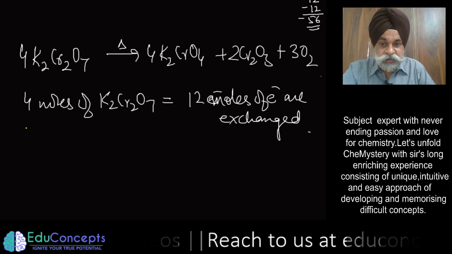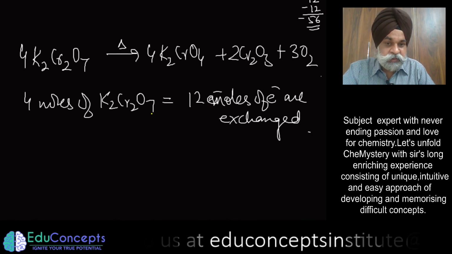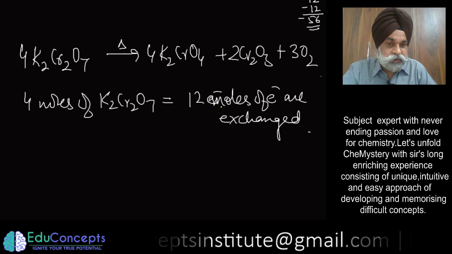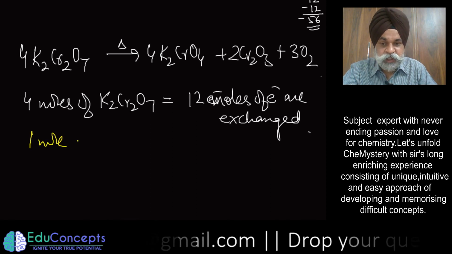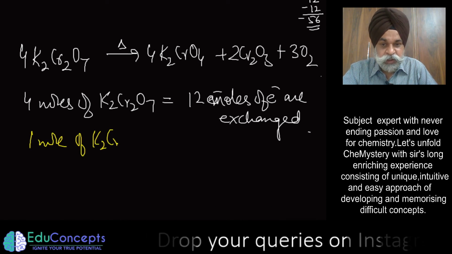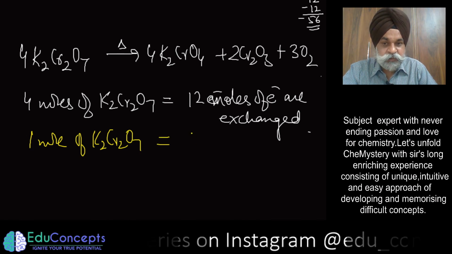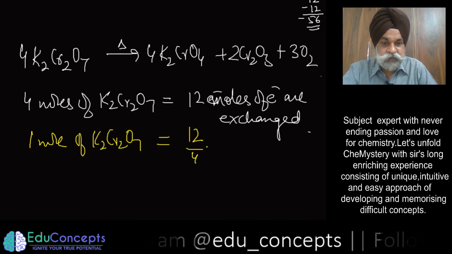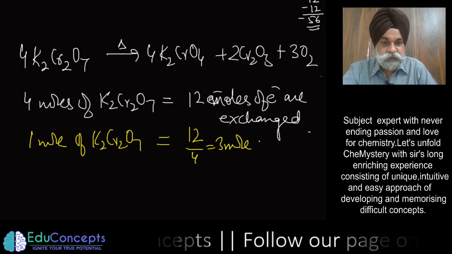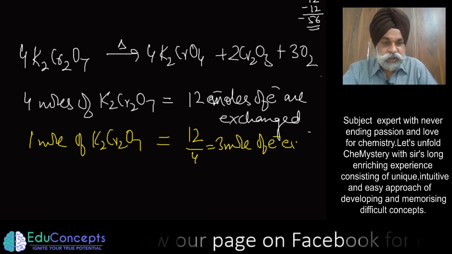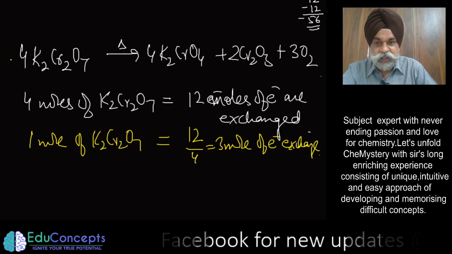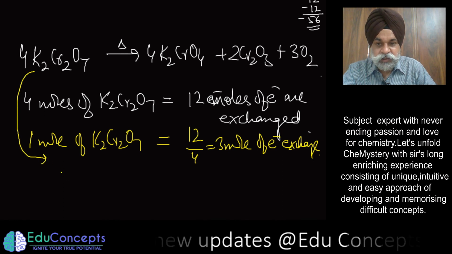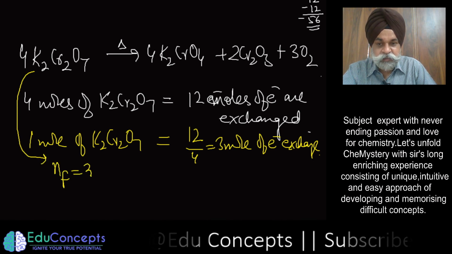So evidently 4 moles of potassium dichromate is exchanging 12 moles of electrons. So 1 mole of potassium dichromate would exchange how many electrons? It would be exchanging 12 by 4, that is 3 moles of electrons. So the n factor for this particular species would be 3.